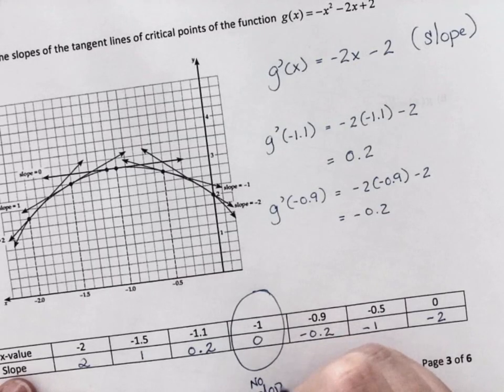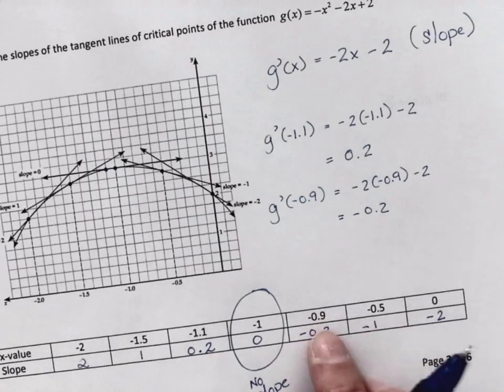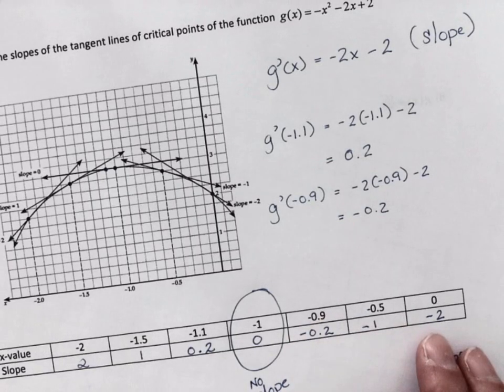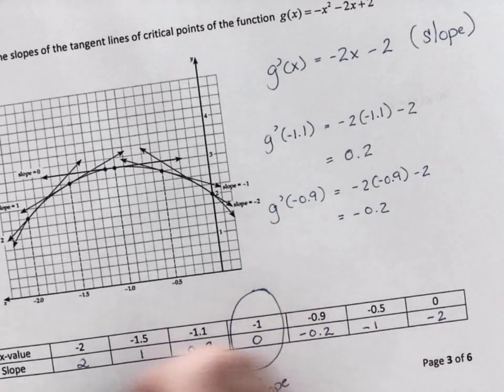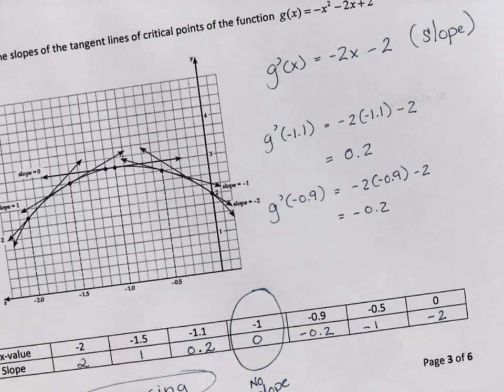there's no slope here. So we're looking at what's happening to the left of that critical value and what's happening to the right of it. We know on this side that it's increasing because, without even graphing it, if all the slopes are positive, I know that the graph is increasing to that relative max or min.